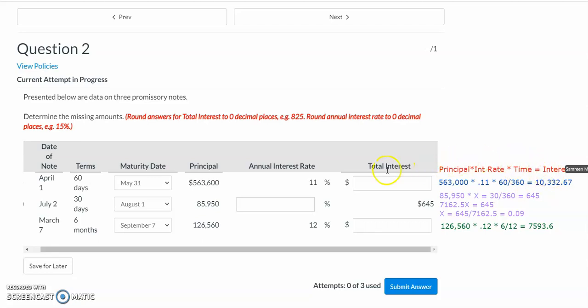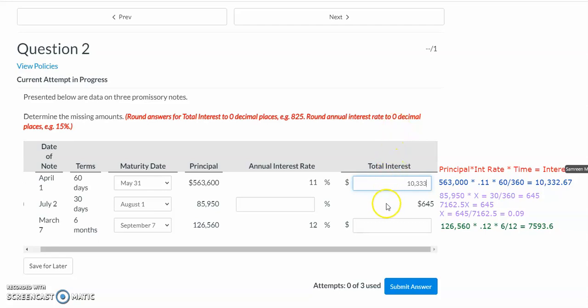So in our first example, we're going to take our principal of $563,600 times 11%, and we're going to multiply this by the 60 days divided by 360 days, and we're going to get our total interest. And when you input this into your calculator, you're going to get 10,333 when we need to round to 0 decimal places.